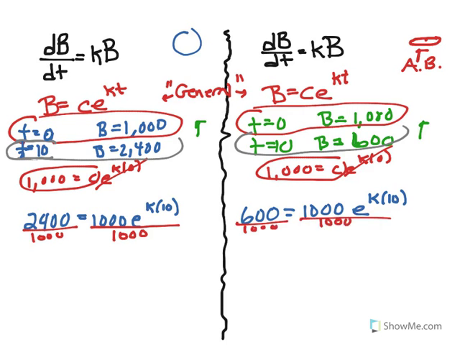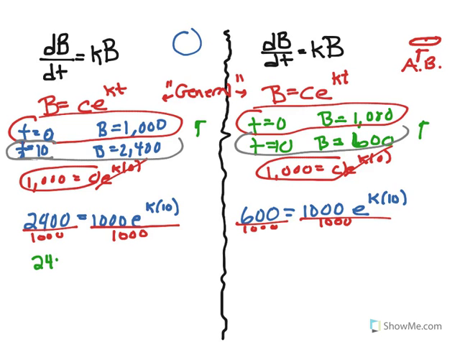And I'm going to get, I got my new calculator here. 2,400 divided by 1,000 equals 12 over 5, or 2.4.